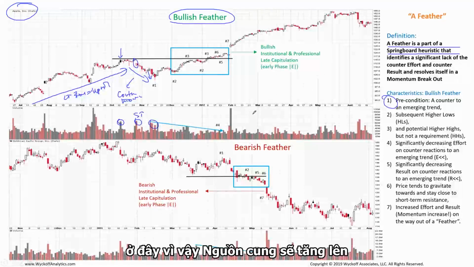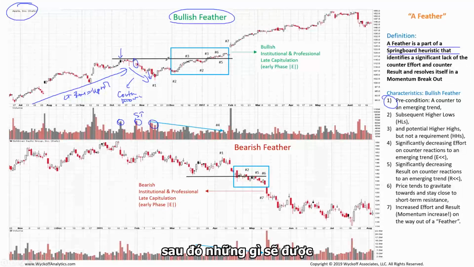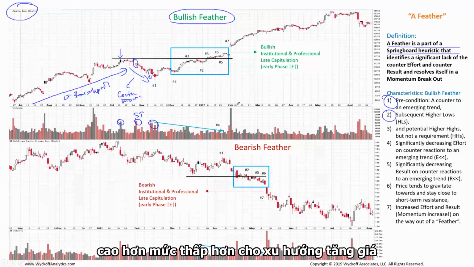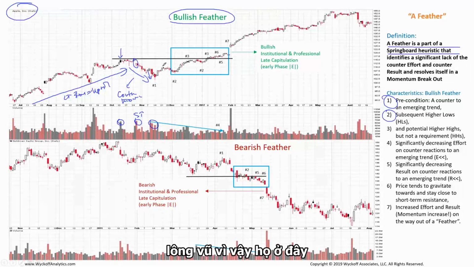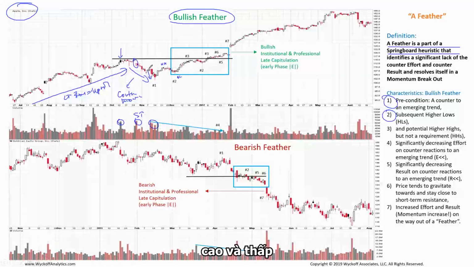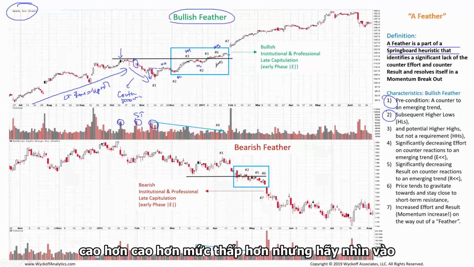So supply is going to increase. And then after that, what's going to be interesting is that we're going to see higher highs, higher lows for the bullish feather. So here they are, higher high, higher low, relative to this. Higher high, higher low, higher highs, higher lows.